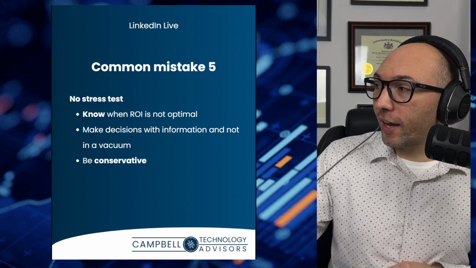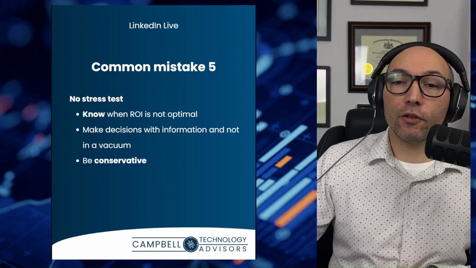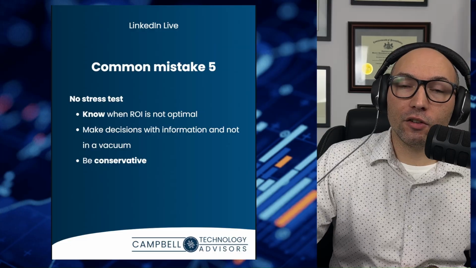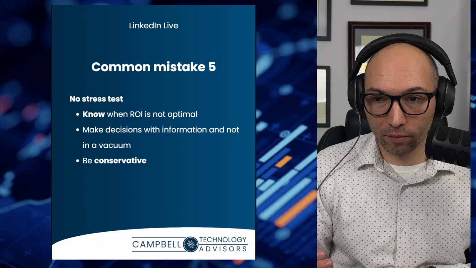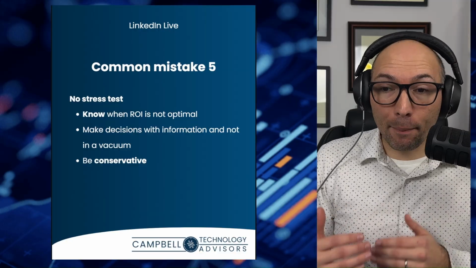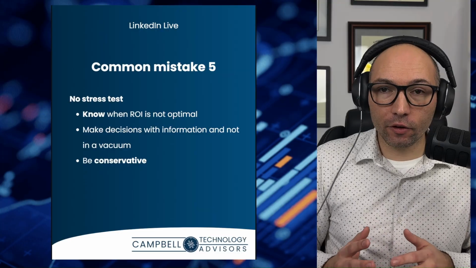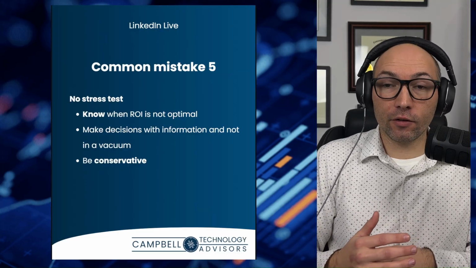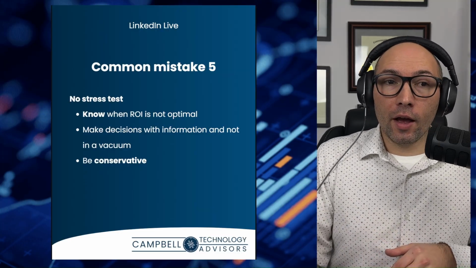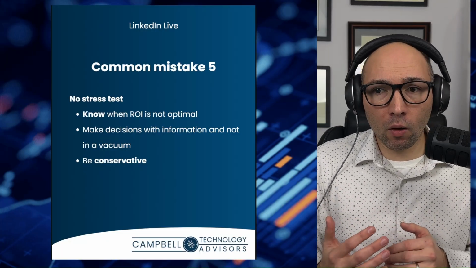The fifth mistake, the final one before we wrap things up here, is you forgot to stress test your model, okay? If your ROI collapses when you reduce the assumptions by 25%, so maybe you thought, oh, this is great, it's going to save us those 400 hours, but you didn't run another scenario to stress test this, where, well, what if we don't?